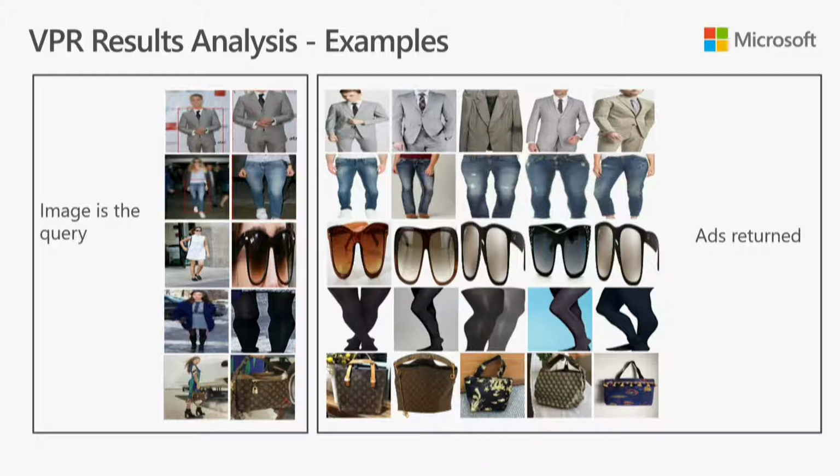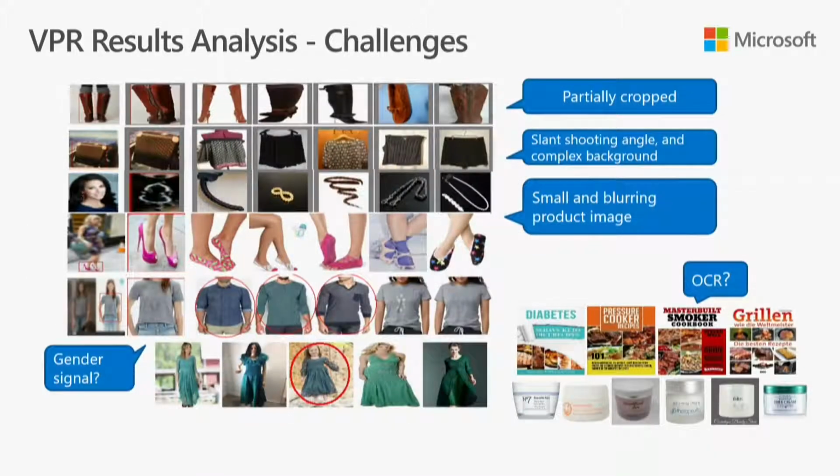And on the right side, the 5 columns are what we can return: suits, pens, sunglasses, tights, and handbags. However, we can do very well on the fashion categories like clothing, shoes, jewelry, and watches, and home furnishing, but not other categories.